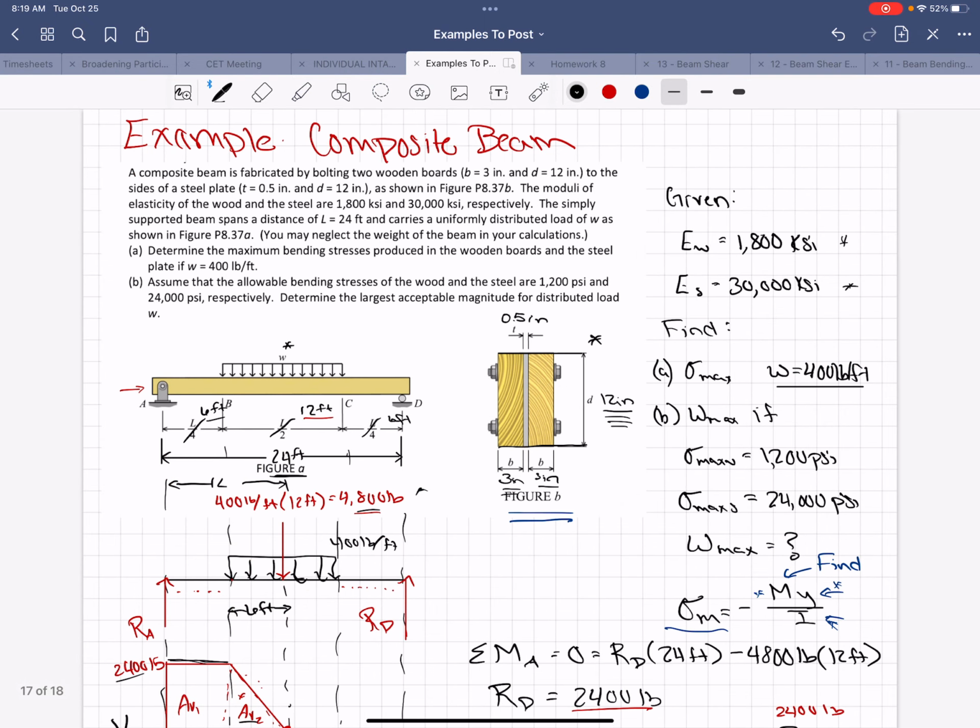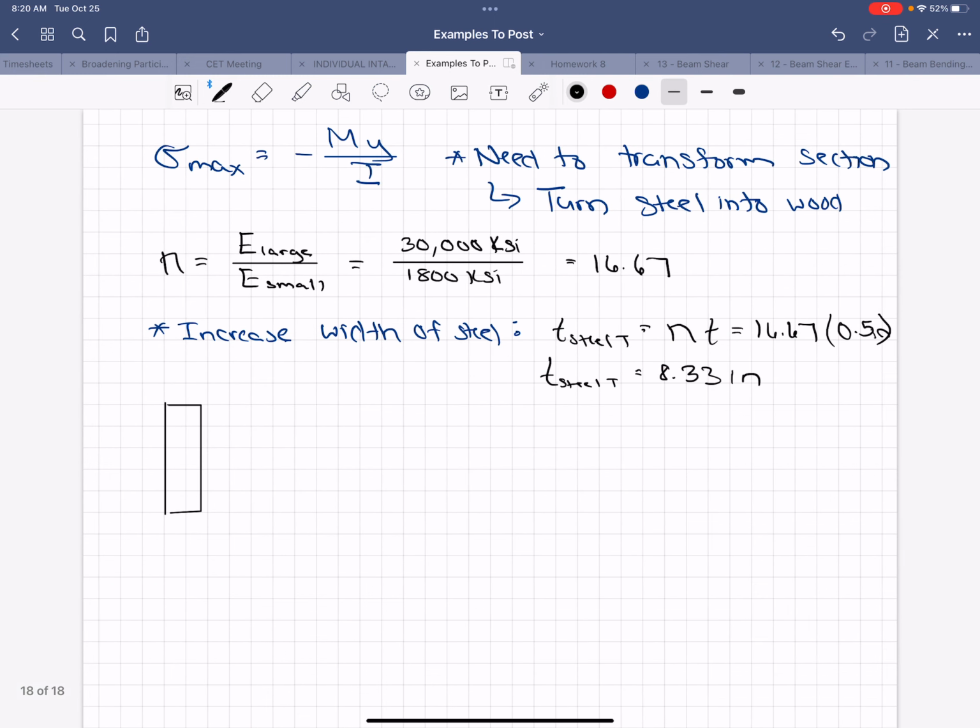Then we have this steel section that was 0.5 inches, and now it's going to be 8.33 inches. So that's going to look something like that. And then we have our second wood section. So we have 3 inches here, 8.33 inches here, and we have 3 inches here.